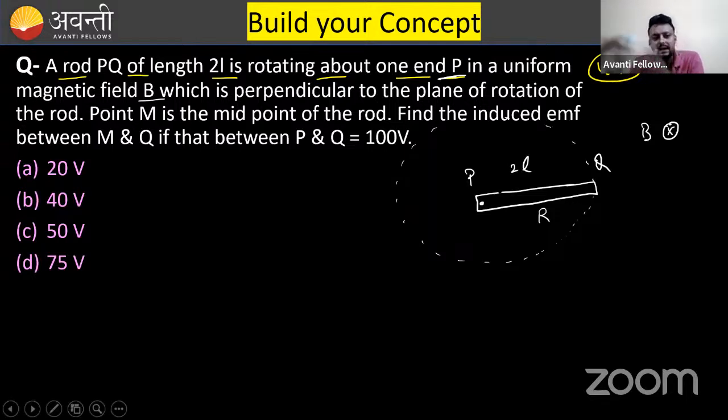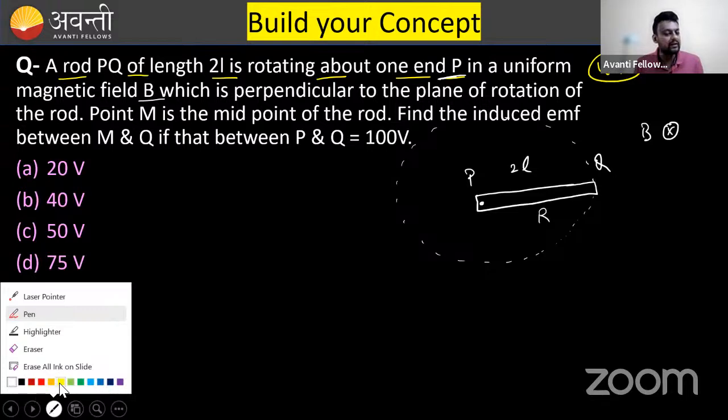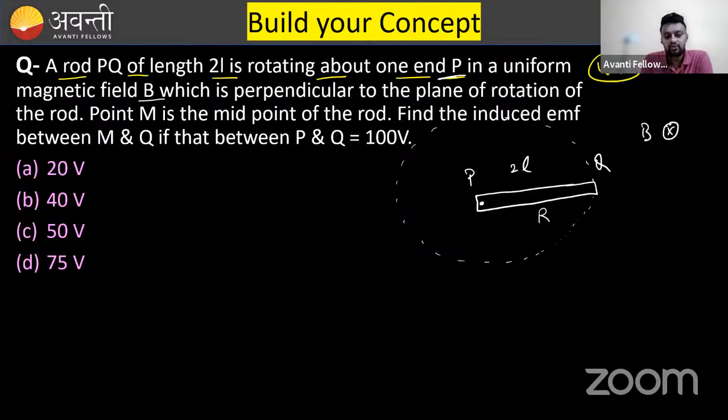Before moving to that part, one thing is clear. They are asking to find the induced EMF. So whenever I see a rod rotating in a perpendicular magnetic field, one thing that will definitely come to my mind is the formula of induced EMF for a rotating rod, E is equal to half B omega L square.